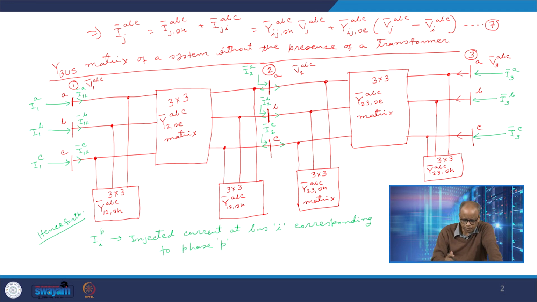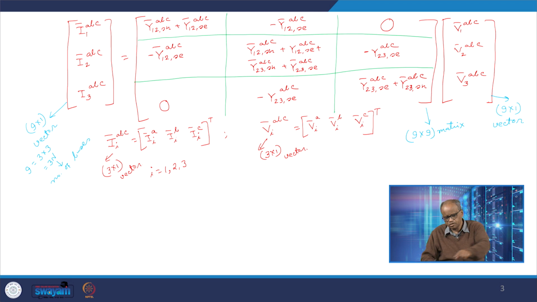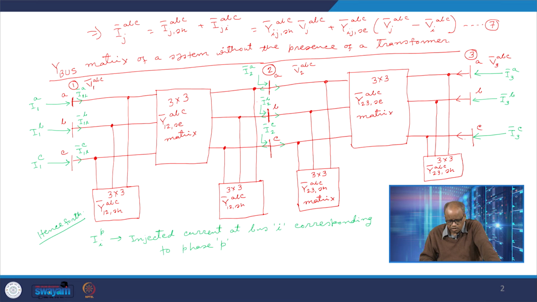For example, at bus 2 there are actually 4 3 cross 3 admittances connected, this one, this one as well as this one. And of course at bus 3 also the corresponding self block 3 cross 3 matrix is nothing but the sum total of the admittances directly connected to bus 3.